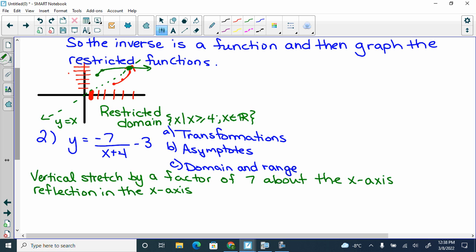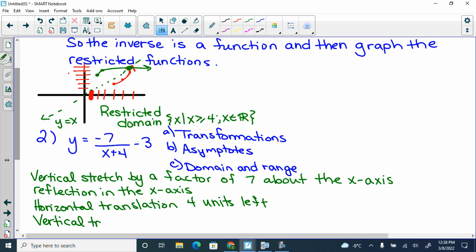We have a horizontal translation, 4 units left. And a vertical translation, 3 units down.